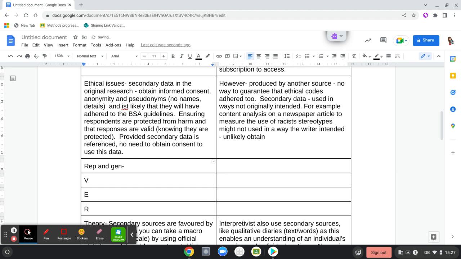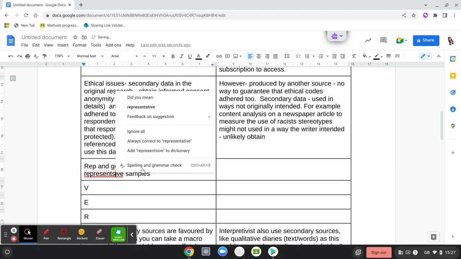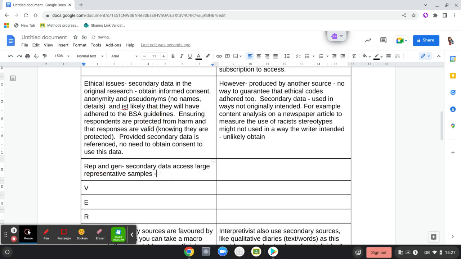So with this one, we're going back to official statistics. Some secondary data accesses very large representative samples. For example, the Crime Survey for England and Wales conducts a survey on 80,000 households.